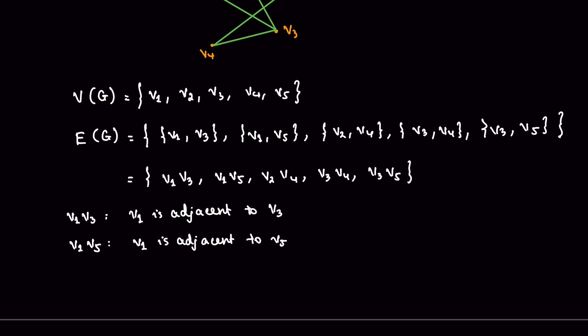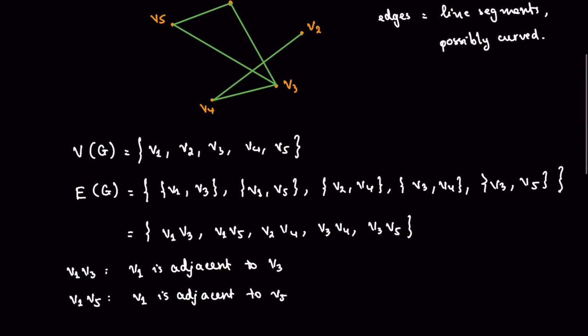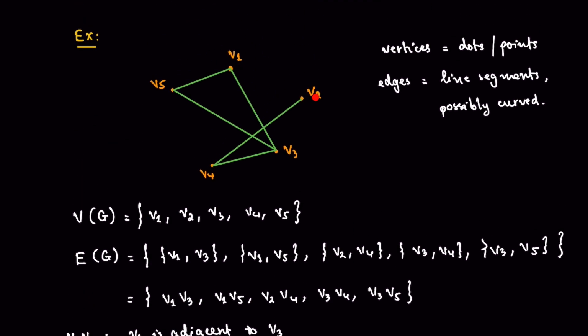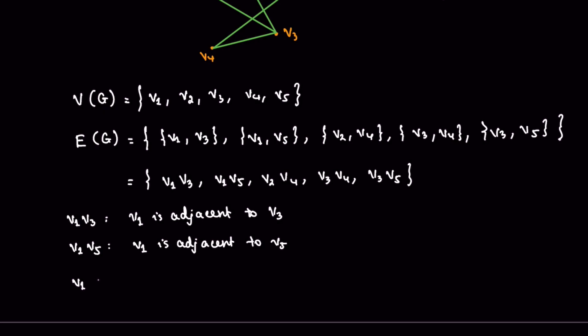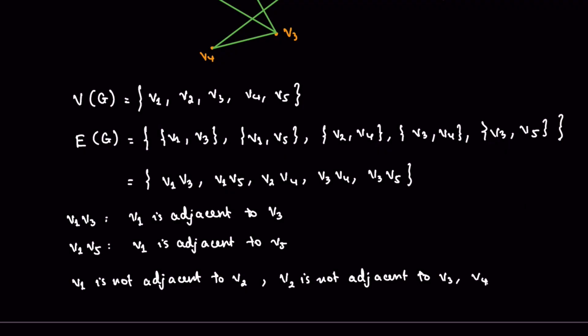What is not adjacent is two vertices that are not connected by any edge. For instance, V1 is not adjacent to V2, V2 is not adjacent to V3, and V4 is not adjacent to V5.